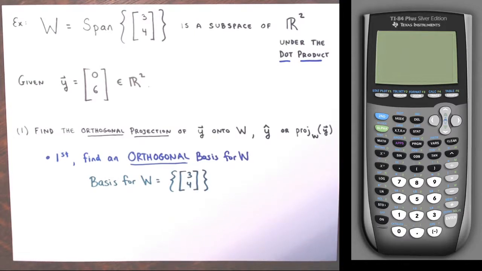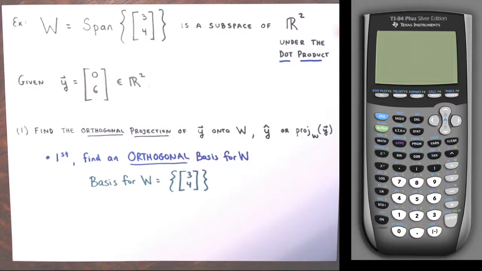And any set with a single vector you could consider orthogonal, kind of vacuously, because remember, an orthogonal set of vectors was one in which every pair of different vectors was orthogonal. Well, there are no different vectors in here, so we could consider this vacuously an orthogonal basis. So I'll write that off to the side.